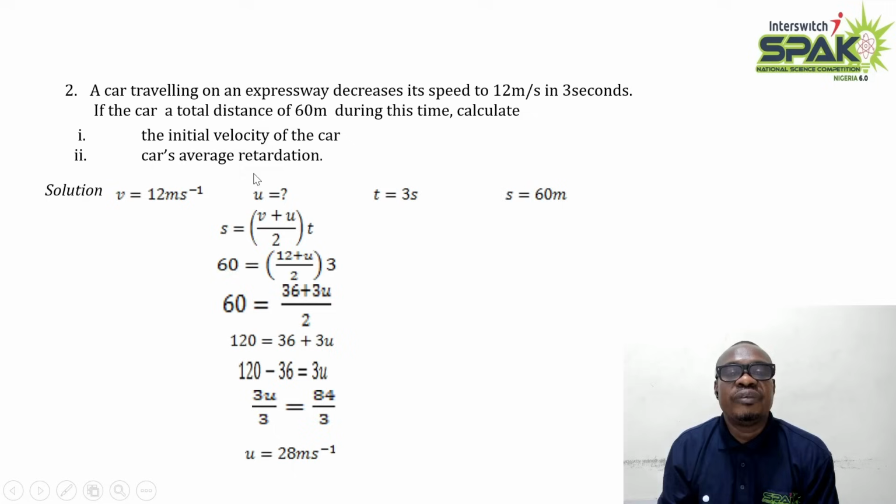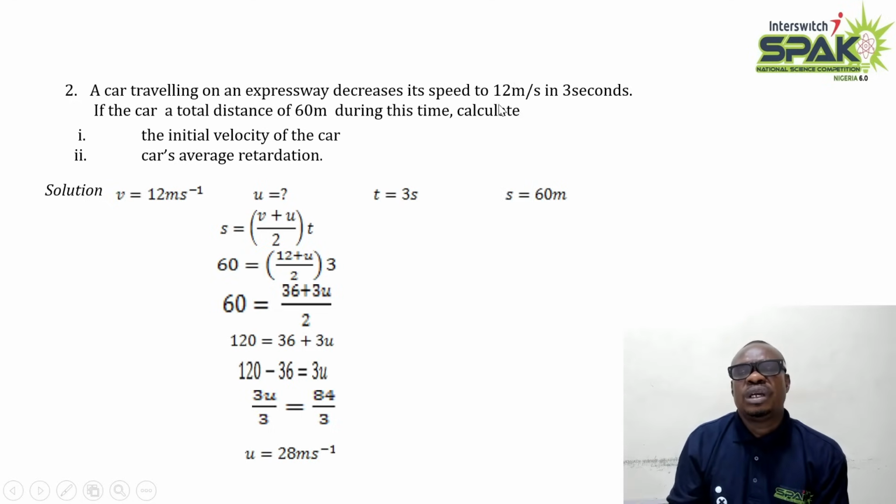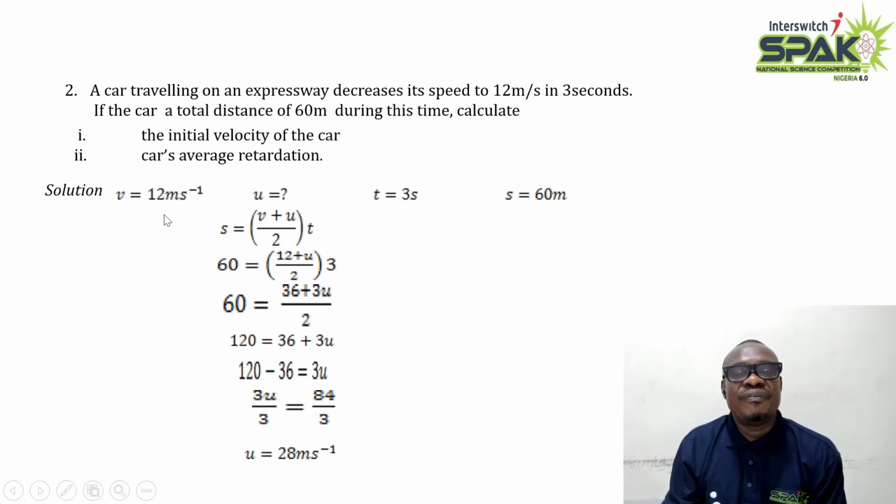So what are the parameters given? A car traveling on an expressway decreases its speed to 12. So that means that this velocity is my final velocity. Now we are asked to look for the initial velocity. We have the time, which is 3 seconds, and the distance is 60.